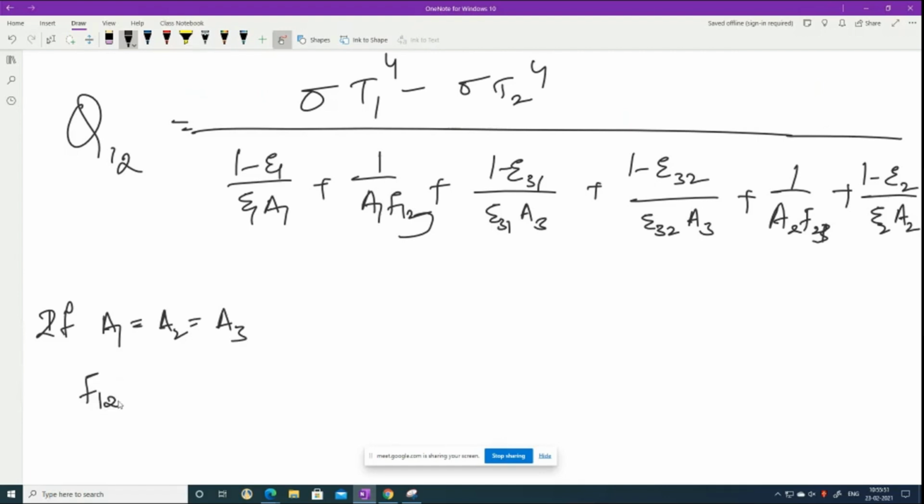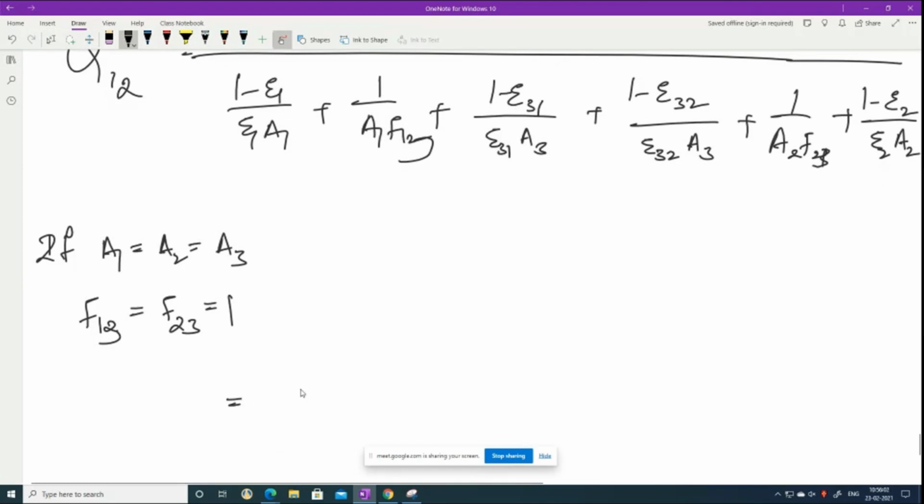Also, your F12 will be equal to F13 equal to F23 equal to 1. All these will be equal to 1. This will be equal to sigma into A. I can take it as common. A1 I will put in the numerator into T1 to the power 4 minus T2 to the power 4.